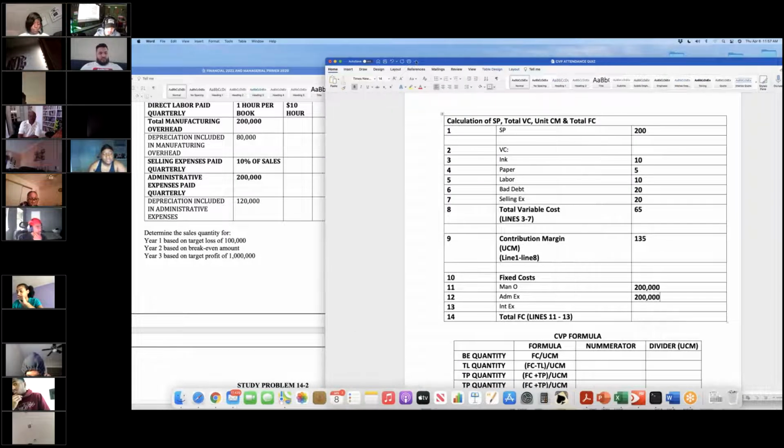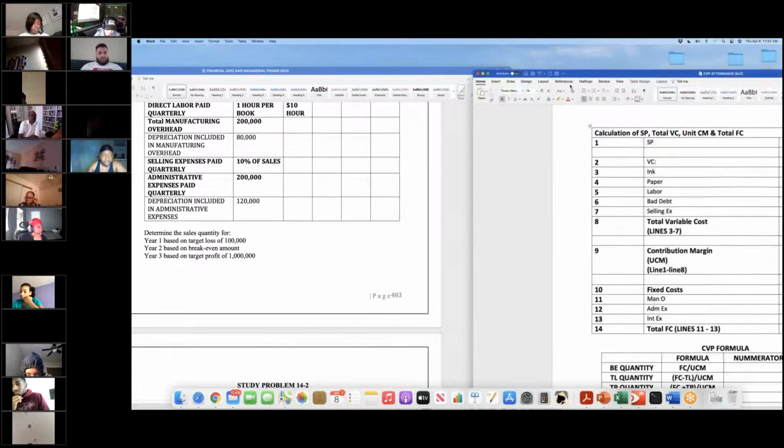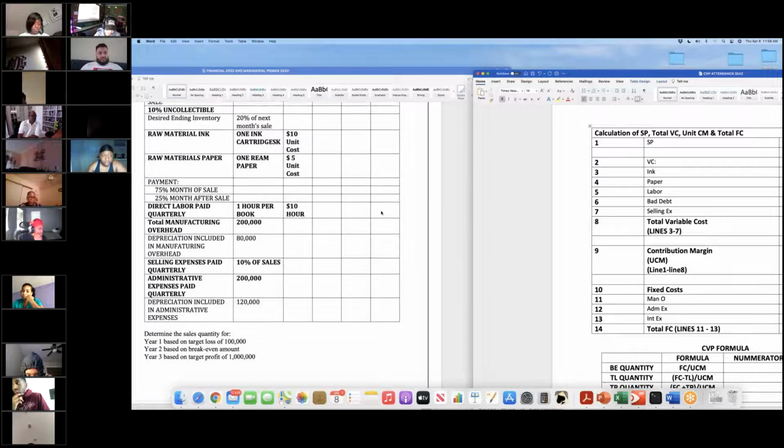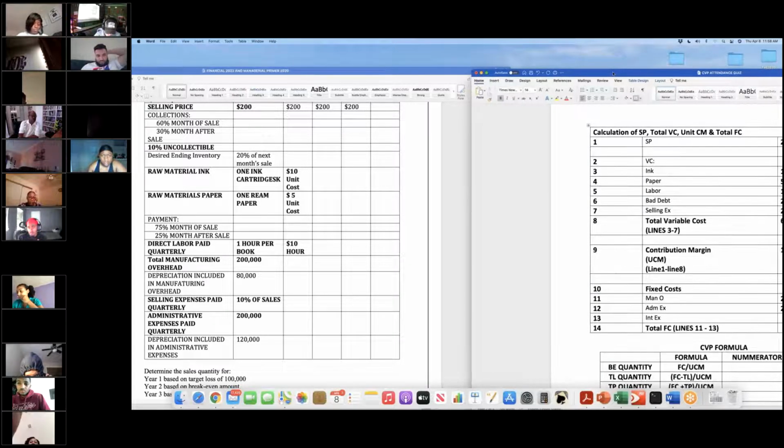If 200,000 is paid quarterly and that's 4 quarters in a year, would that not make it $800,000 for the year? So that's just the assumption you make. We're paying the 200,000 quarterly, so we divide it by 4 when we pay it, but if you multiply it by 4, that's fine. That's what I was concerned about for this question.